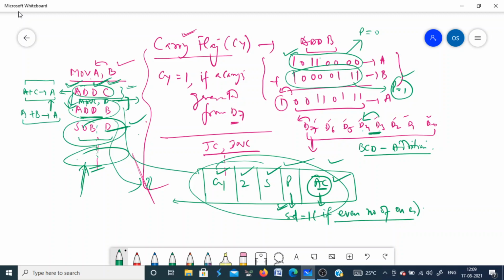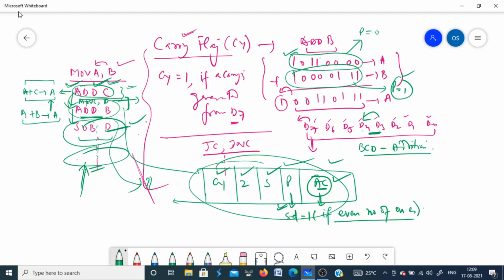If you go from here to here, the status of flags has changed 3 times. In ADD C, the status may be different. In ADD B, since the data in the accumulator has changed, you will get a different status. In SUB D, again it is an arithmetic operation, the contents of A are modified and the status will be different. So you have to take care where you check the status.